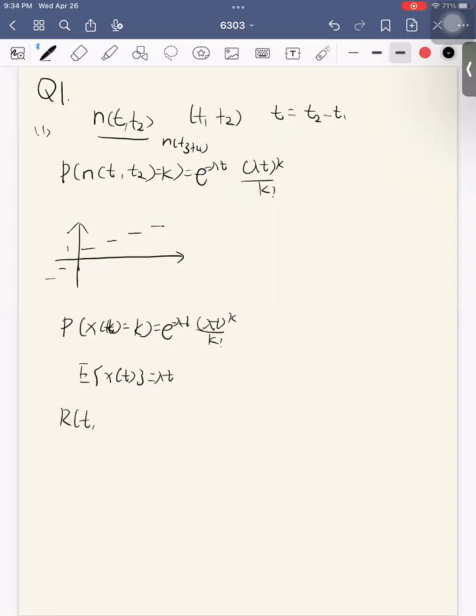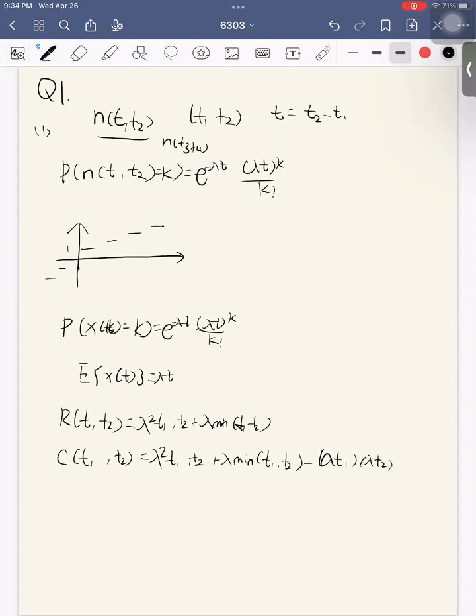The autocorrelation is equal to this one here, and the autocovariance is equal to this part here. Also, we can write this form more simply as this one.